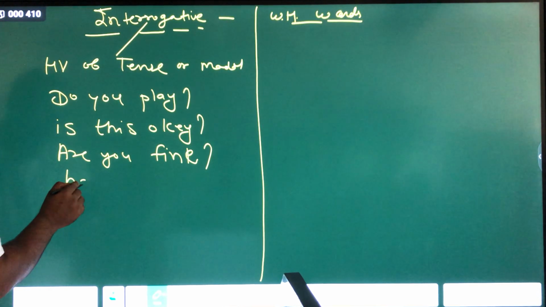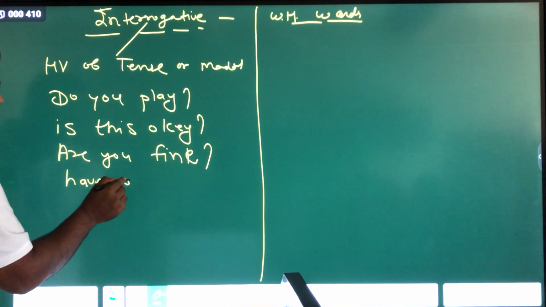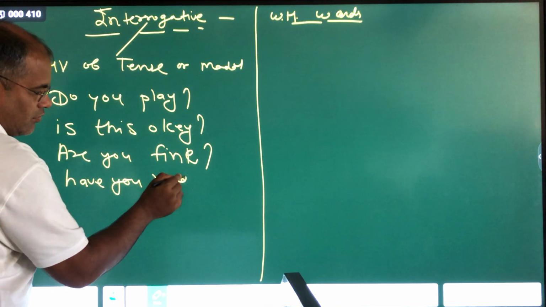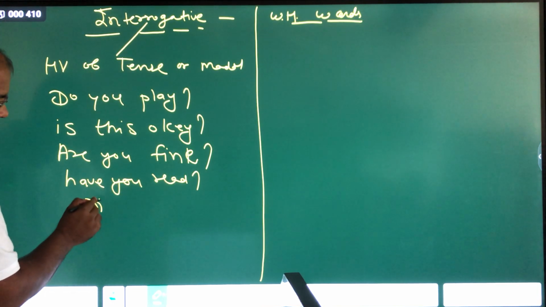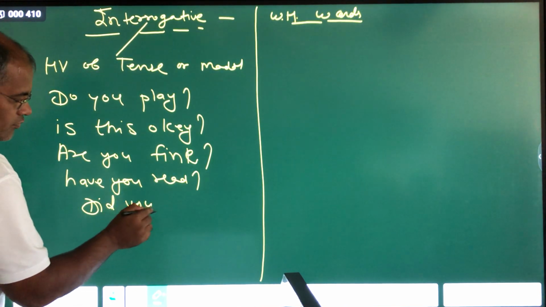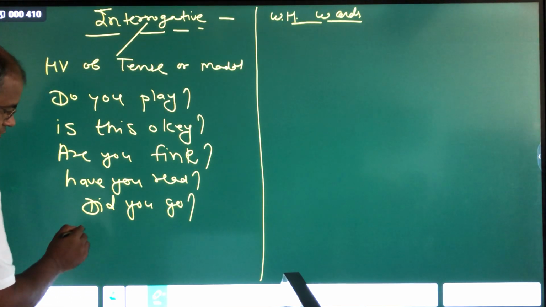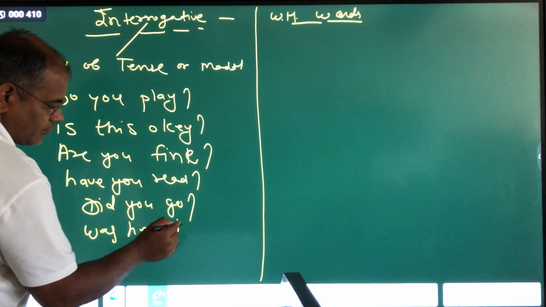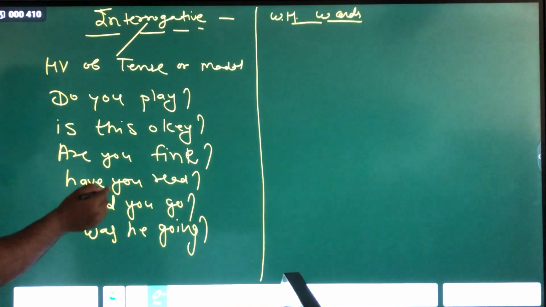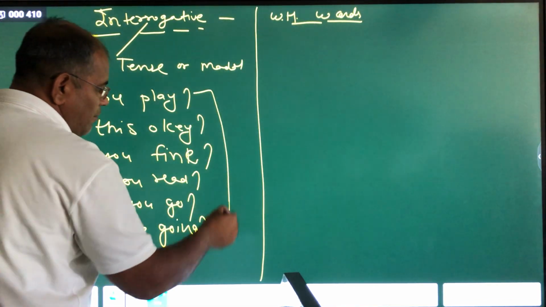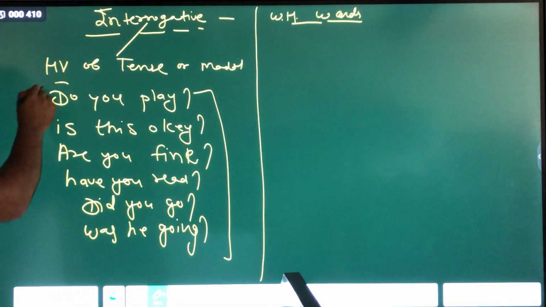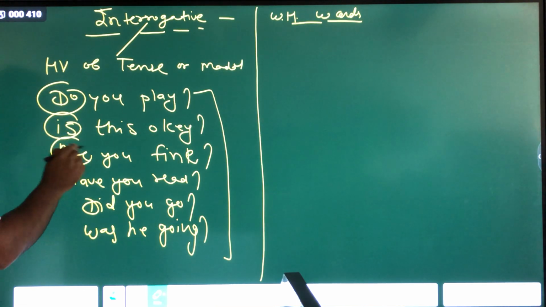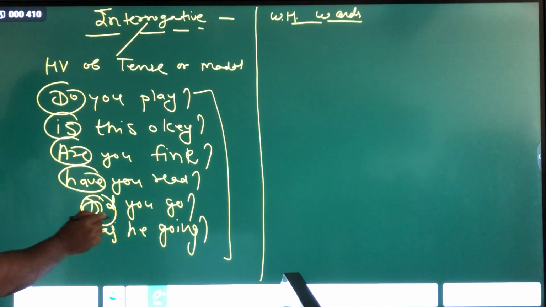Like, have you read? Did you go? Was he going? Guys, you can see that at the end we use the symbol of interrogation, but at the start we use a helping verb, a helping verb of the tense or of the modals.